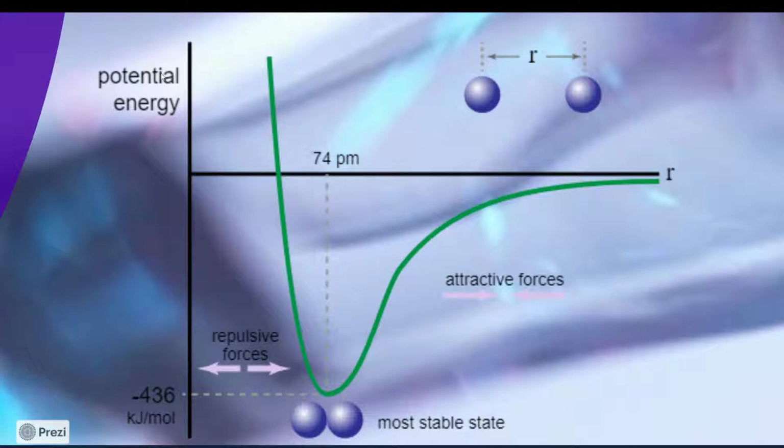And this right here is potential energy, and this is the radius between them. So when the hydrogen atoms are far apart, they have a relatively high energy. But when they come together and bond and they share, they end up releasing their energy. And they release quite a lot of energy. And this releasing of energy is their most stable state.